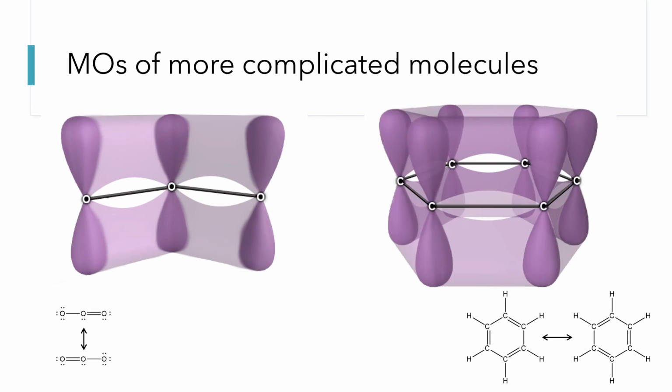And each one of those carbons is sp2 hybridized, leaving an unhybridized p orbital available for bonding. And if all 6 carbon atoms are in a plane, then these 6 unhybridized p orbitals can line up side by side with each other and delocalize the electrons in a ring around the entire molecule.